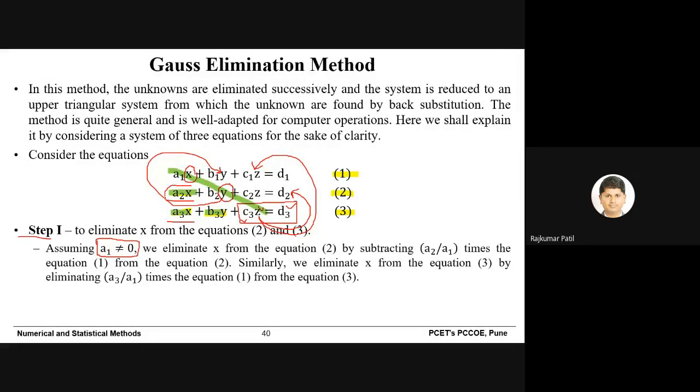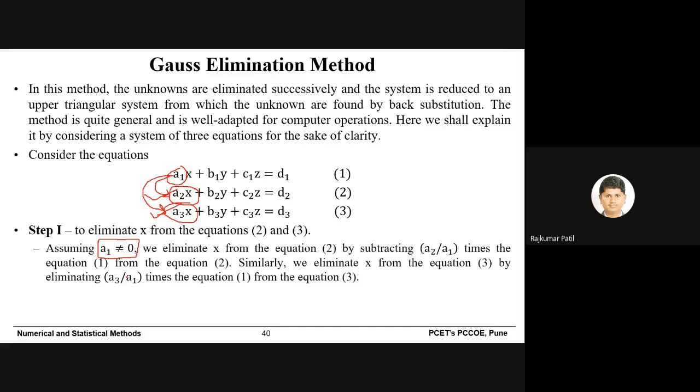Because if you want to make a2x as 0 or a3x as 0, then we generally do matrix operations, that is, with the help of equation 1 we try to make a2x as 0. Again, if we want to make a3x as 0, then again we use equation number 1 generally. So that's why if a1 is 0, then equation 2 and 3 will not change. So that's why make sure that a1 is not equal to 0.